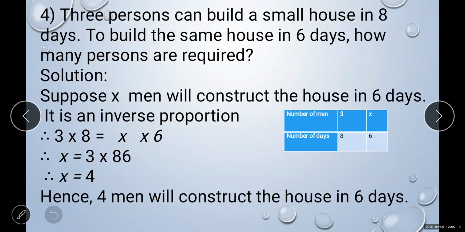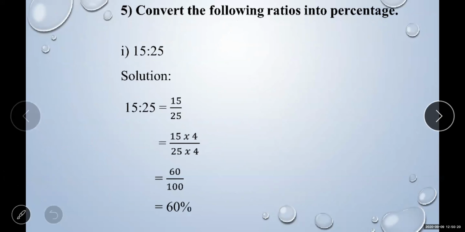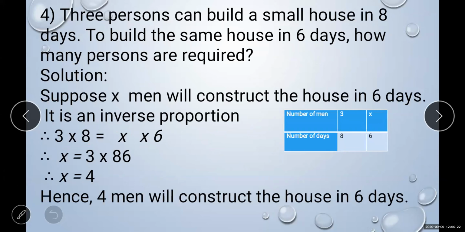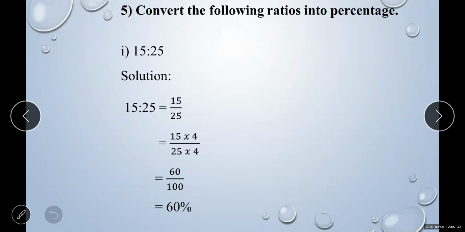After the fifth and sixth, the seventh and eighth are deleted from the portion. So now the fifth question: convert the following ratio into percentage.